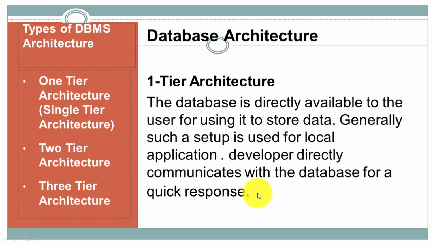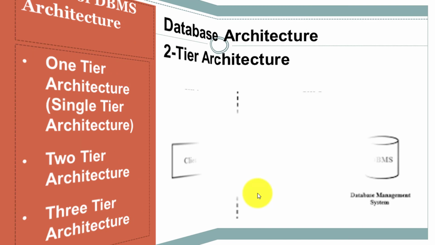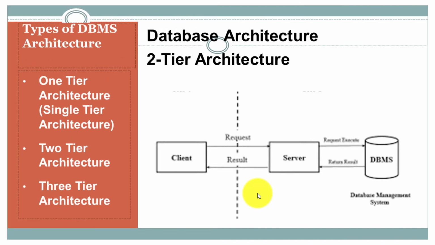Now let's understand what is meant by two tier architecture. In this architecture there are two layers. First is the client layer and second is the server layer. The client layer is also called the presentation layer.